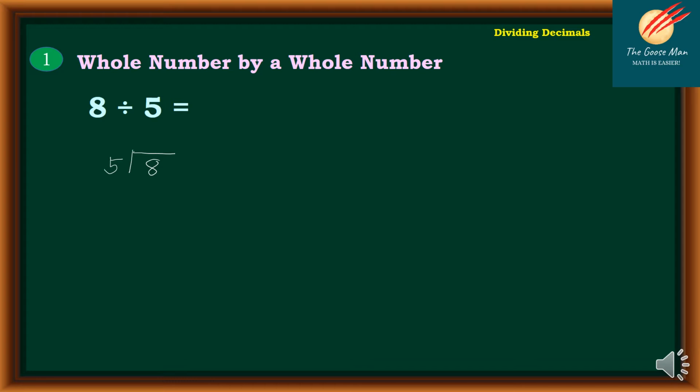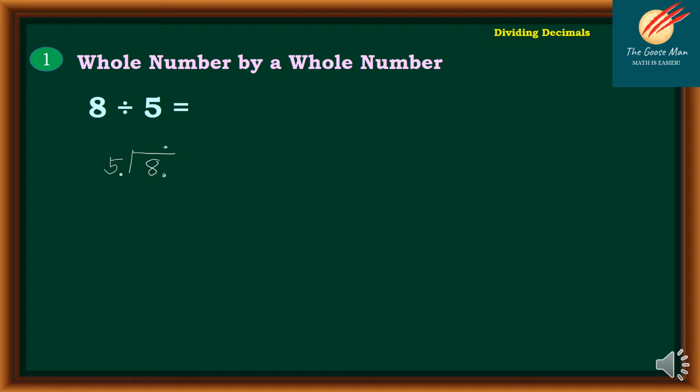Since 5 is already a whole number, the decimal point is already on the rightmost. Similarly, the decimal point of 8 is on the rightmost. So what we're going to do is divide now. But take note to place the decimal point just above the decimal point on the right of 8.